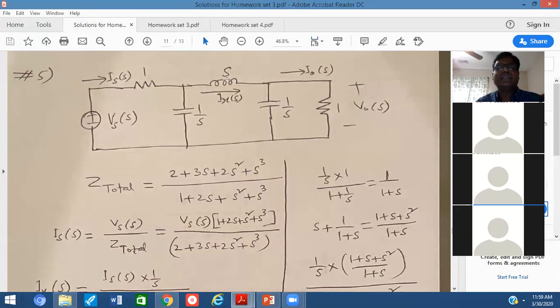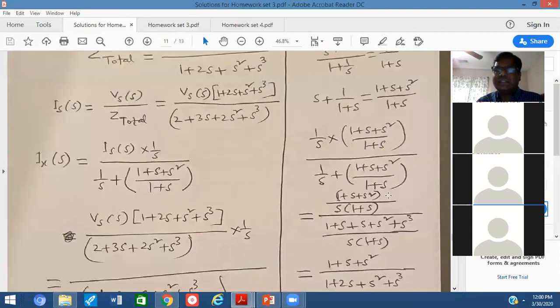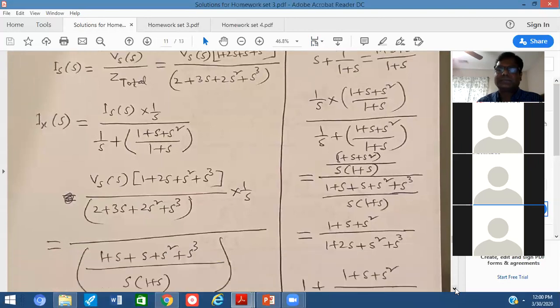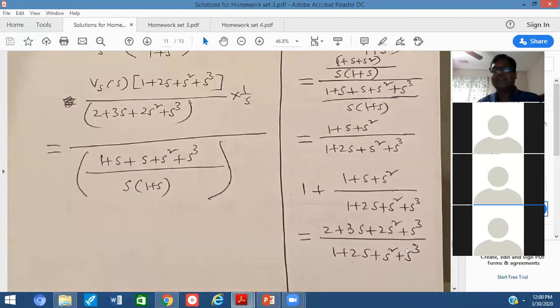And then the series with s. So this is my series calculation. And then parallel with 1 over s. Finally, I am adding 1, this is my series. So you see the right side, this whole calculation, that is my total impedance.